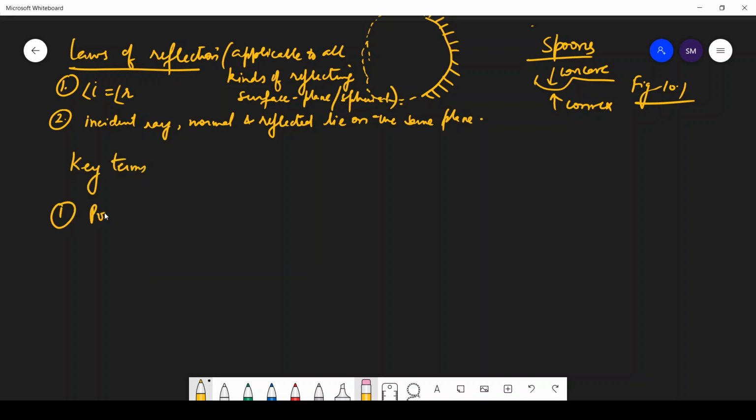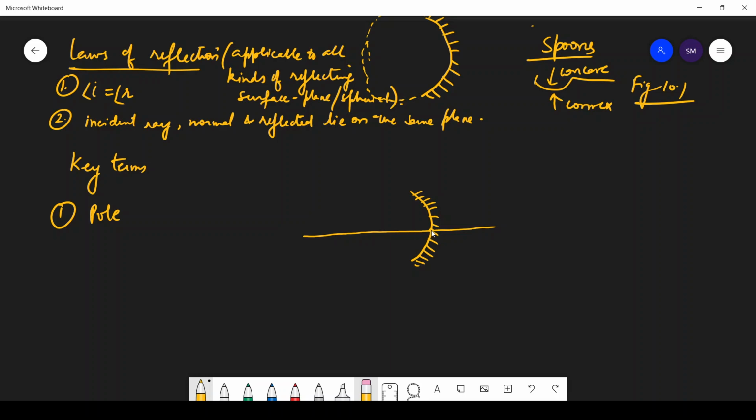First one is the pole. So what's the pole? So this is my concave mirror. It's just like the light is entering the cave. This is this sort of cave you can see. So what the pole is? This is the center of the reflecting surface of this spherical mirror.